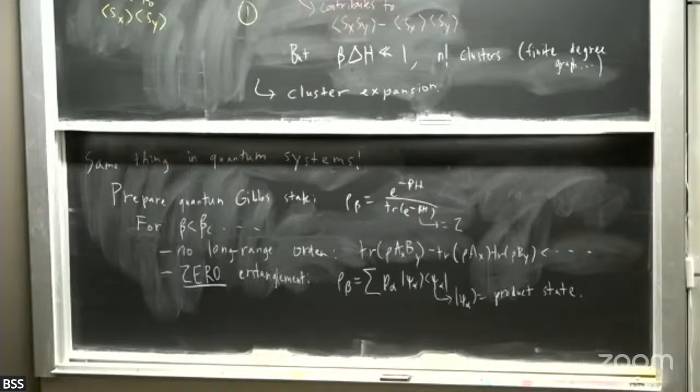These are extremely strong statements, and they tell us that if we have any model of interacting qubits, we're certainly not going to have any kind of high temperature topological order. So any kind of uniquely quantum phase from this perspective seems like it should be restricted to extremely low temperature. All right, any questions?